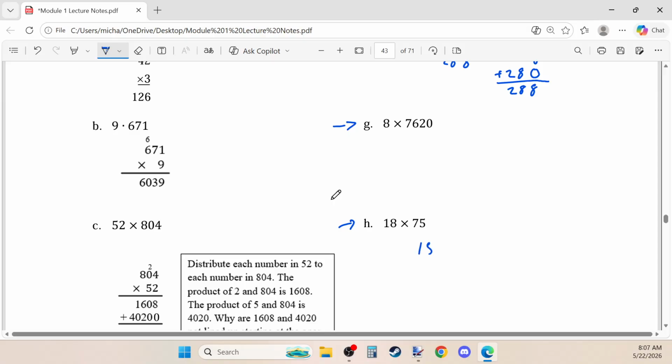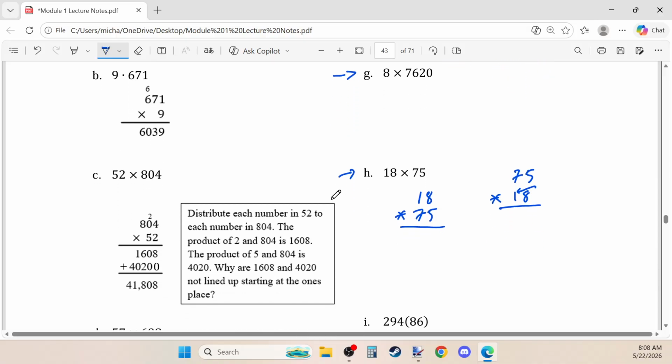So I have 18 times 75, and I have 75 times 18. Usually, if you have a choice, if they have the same number of digits, you might want to pick the one that has smaller numbers in it, like ones and zeros. Ones and zeros multiply really nicely. Or you might want to pick the one that has repeated digits if you have that.